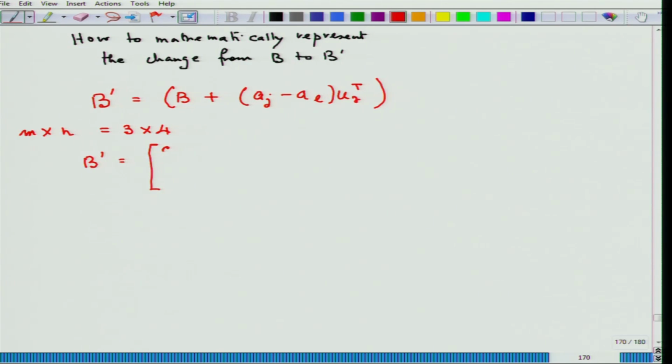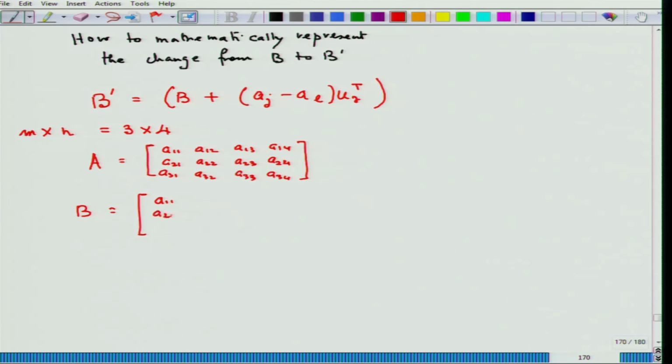Say A is A11, A12, A13, A14, down to A41, A42; sorry, I am writing A. So, A is an m cross n matrix, this is my A. Now, suppose my B has to be a 3 cross 3 matrix, the first 3 columns. This is my B, which is the m cross m matrix.